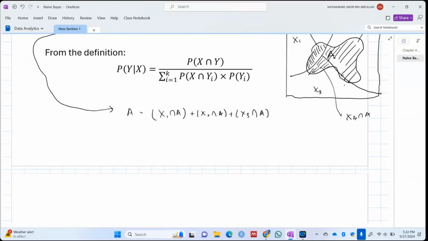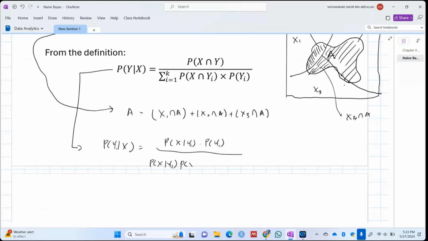So this one can be interpreted. This is the Bayes theorem, which can be interpreted as probability of y given x equal to probability of x given y multiplied with probability of y, divided by probability of x. This is y1, this is yi, y1.